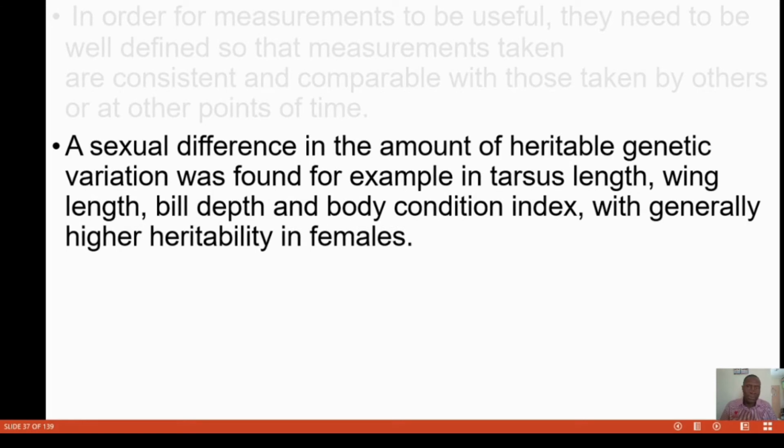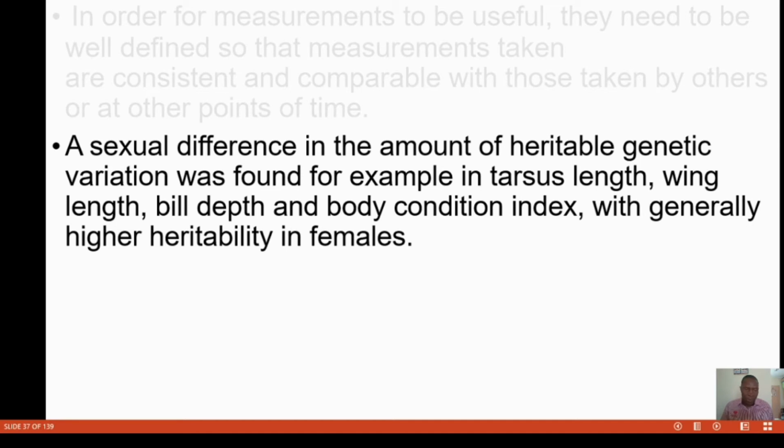Now, this comes from the experience that there was a noted sexual difference in the amount of heritable genetic variation in the tarsus length, the wing length, the bill depth, and the body condition index, which were seen to have higher heritability in females.